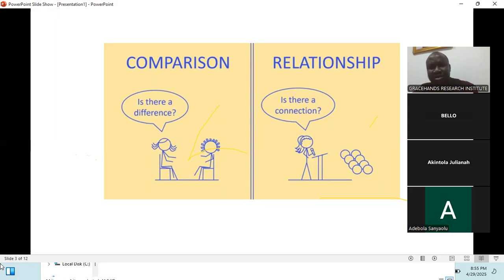Independent and dependent, those two variables come in under relationship. Dependent and independent do not concern comparison. No. But if you want to deal with relationship, then you have to know dependent and independent variables. I hope I'm making sense.